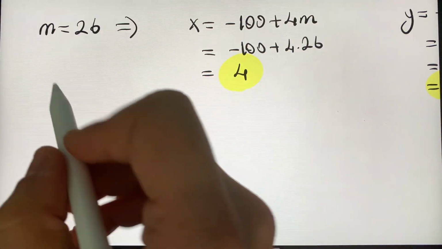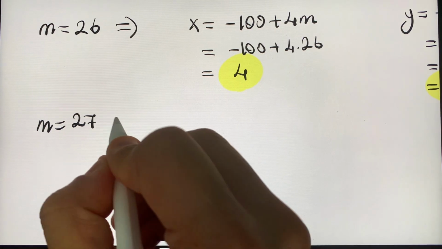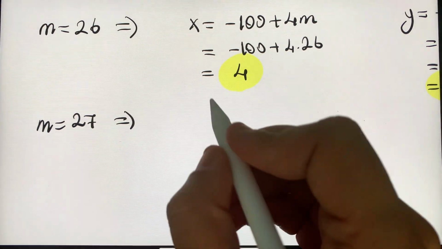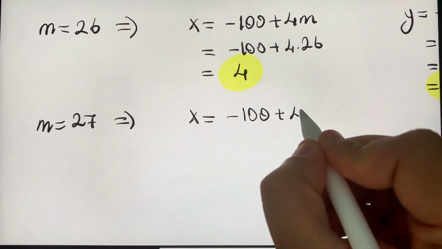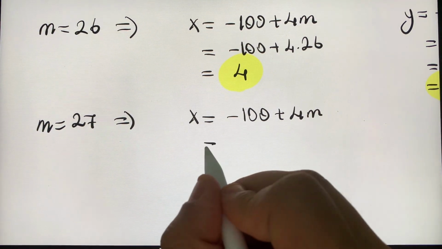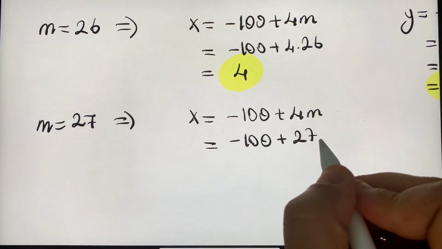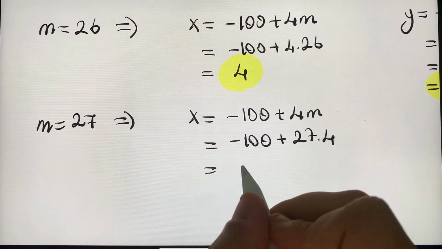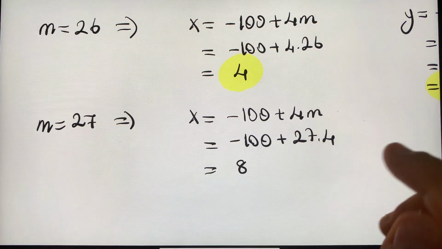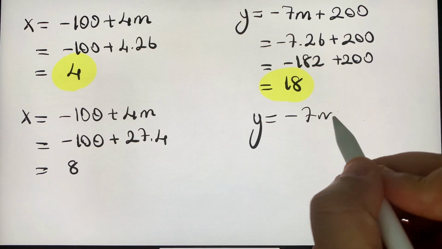Now m is 27. We will calculate x, which is equal to minus 100 plus 4 times m. Where we see m, we write 27 here: minus 100 plus 27 times 4. If I add a little more, x will come as 8 from here. y is equal to negative 7 times m plus 200.